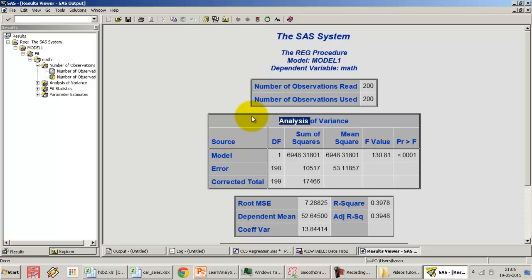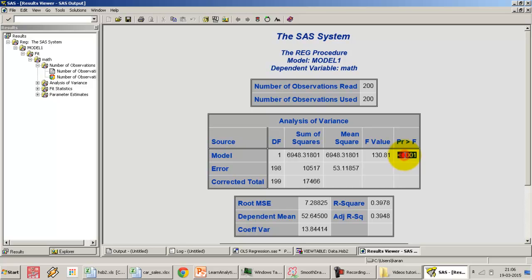So the null hypothesis over here is that the independent variable has no linear relationship with the dependent variable. The alternative is obviously that there is a linear relationship with the dependent variable. And if I look at the p-value, the p-value is low, therefore the null has to go, therefore there is a linear relationship. So our first assumption is actually met, and we can proceed ahead.